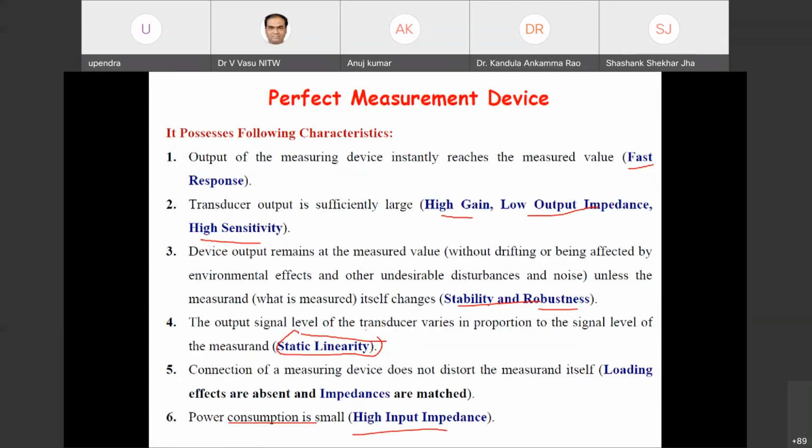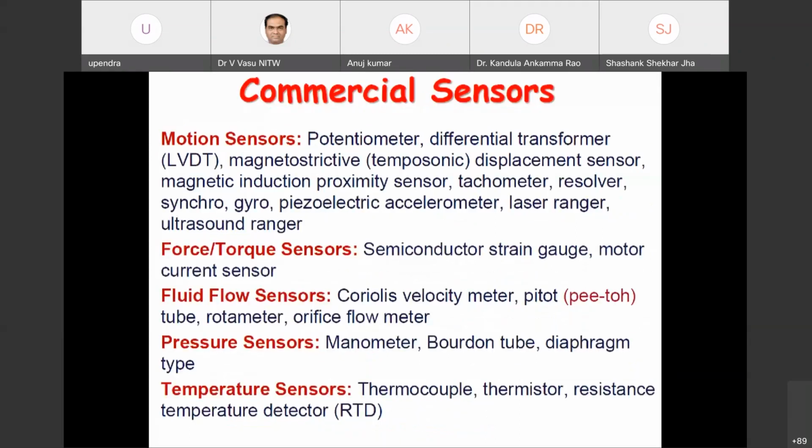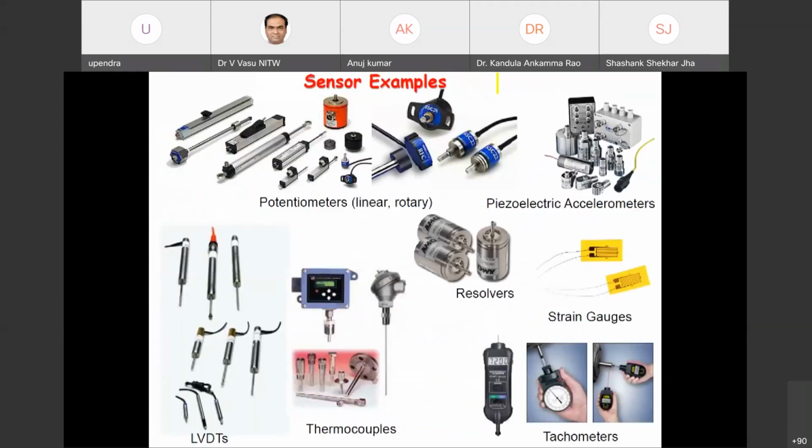So these are the perfect sensor characteristics: fast response, high gain, low output impedance and high sensitivity, stability and robustness, static linearity, and high input impedance. Okay, so these are some of the important commercially available sensors.